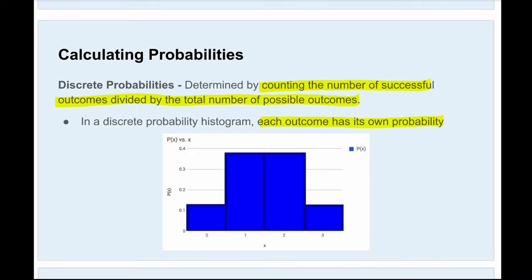If this was flipping a coin 3 times, we'd look at the probability of getting 3 heads, or 2 heads and 1 tail, or 2 tails and 1 head, or all tails. So we have an individual probability for each outcome.